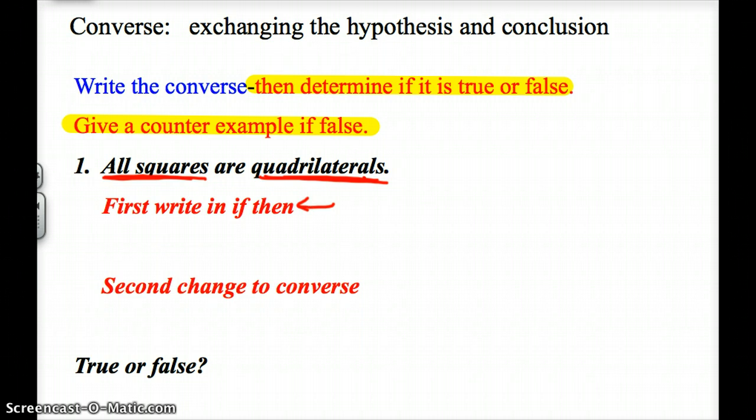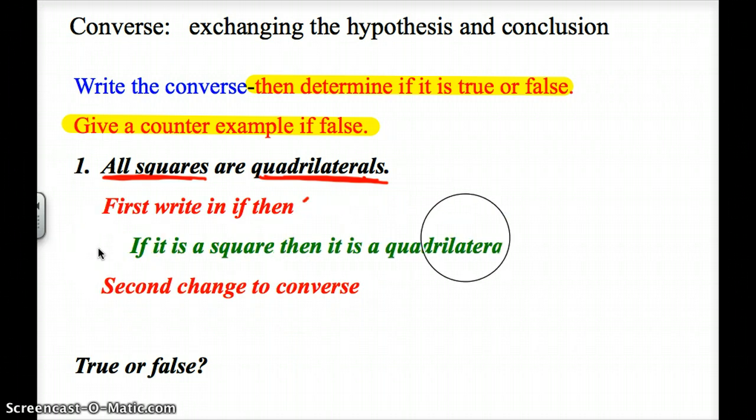And I believe I have that under here if my eraser will work. Oh, there we go. Now I have my conditional statement written.